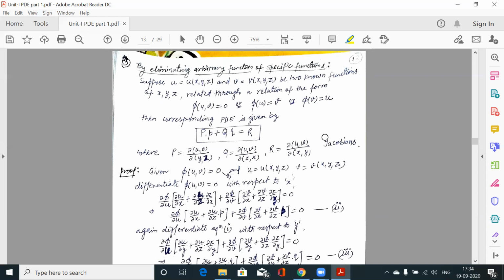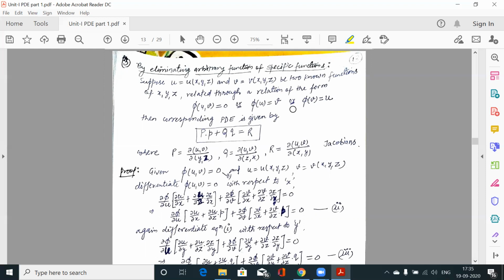By the second concept, by eliminating the arbitrary function, we first take the derivatives, then we try to eliminate that arbitrary function from the derivatives. That is our purpose. But suppose the equation is given in a particular form, then we know the answer. Suppose you are not considering this third concept, you simply go as in the second concept.